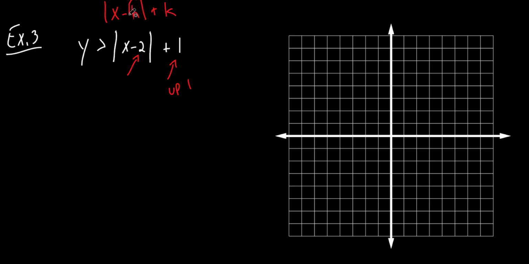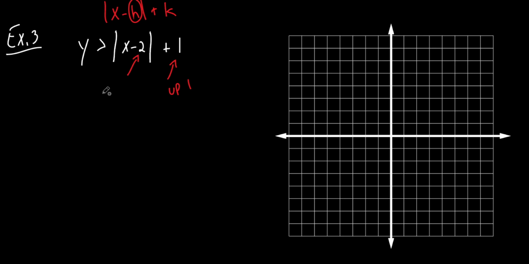So the 2 is actually a positive h. Does that make sense? But our equation says x minus whatever the h is. I know it looks like a negative 2 because it's minus 2, but the h is actually the 2.